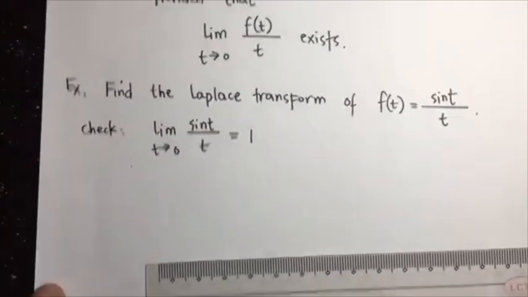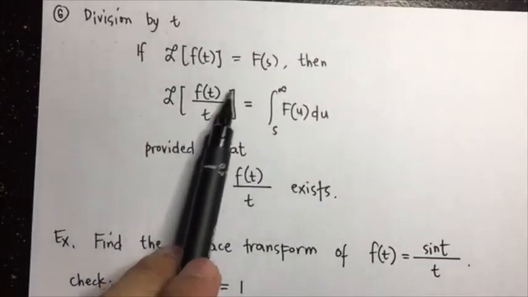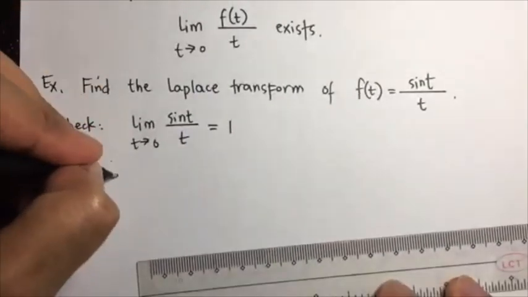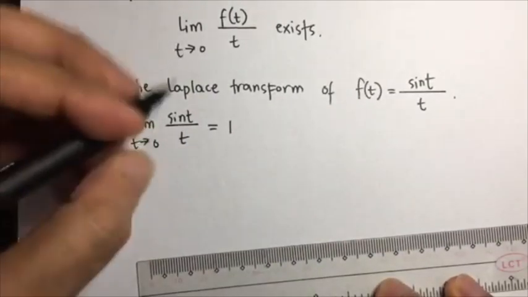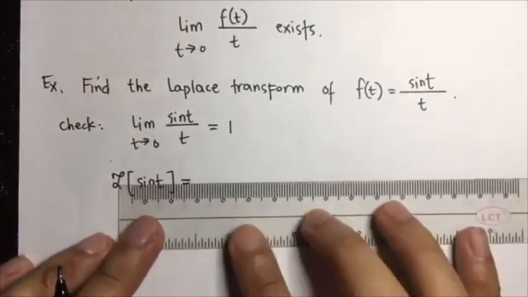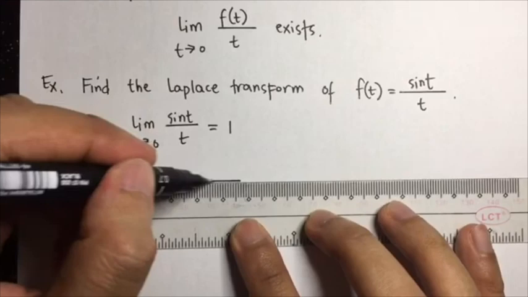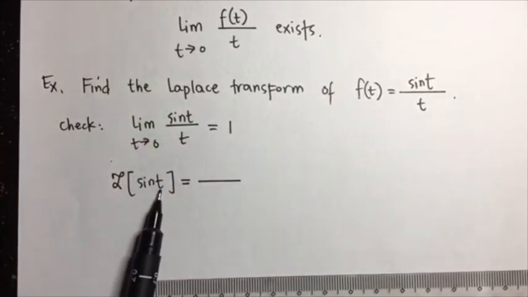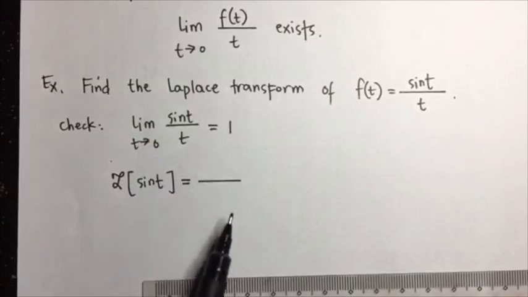Next is to find the Laplace transform of the numerator. Our numerator is sine of t, so we need the Laplace transform of sine of t. From the formula that we have already memorized, the Laplace transform of sine omega t is equal to omega over s squared plus omega squared.